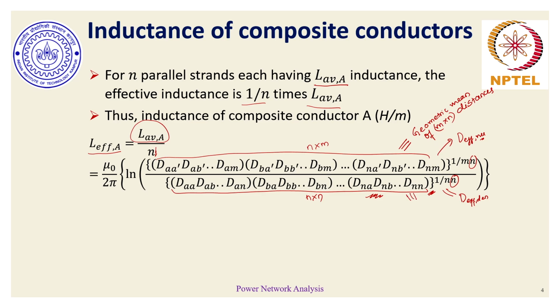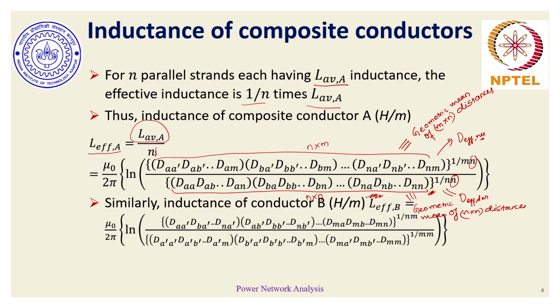Similarly, this term here is the geometric mean of the n comma n distances. Geometric mean is all about multiplying and then taking the corresponding root. Arithmetic mean is adding these terms and then dividing by the number of terms that exist.